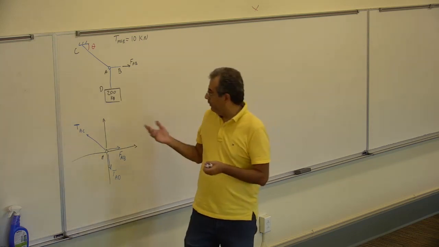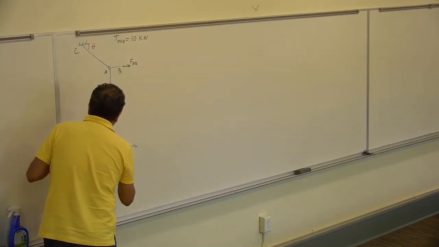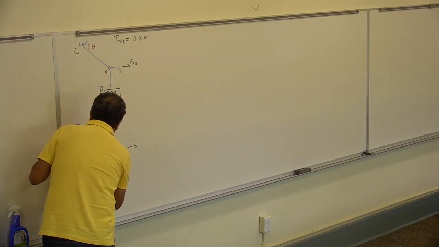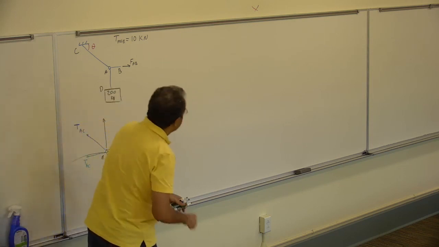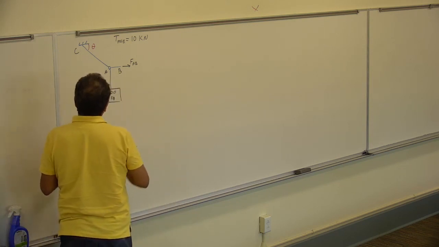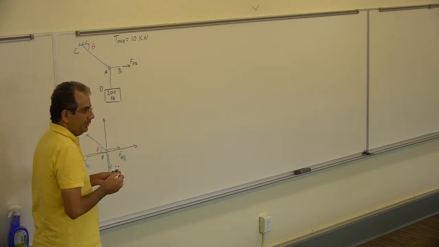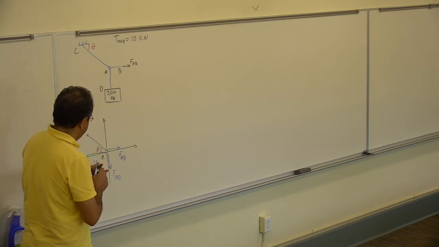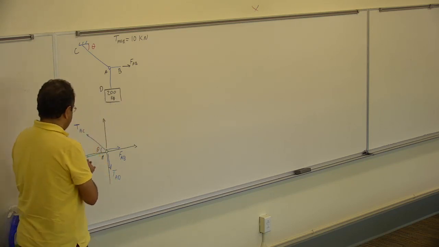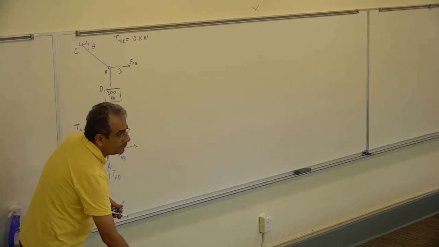So if I find their components, remember, we're going to find the components first. For AC, if this is a theta, this is a theta, this is going to be theta. You know why?